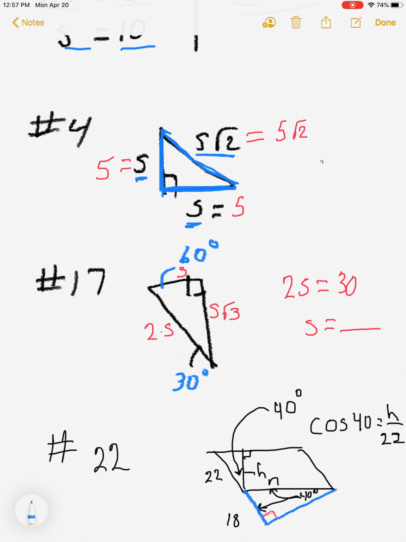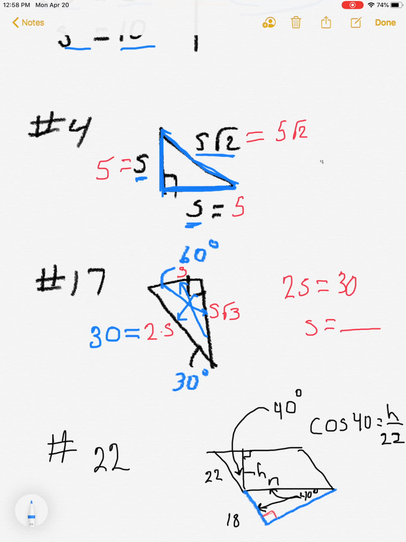Problem number 17 is again a 30, 60, 90 triangle. I notice in that problem that I'm given the side across from the 90, the hypotenuse, is 30 units long. Again, in a 30, 60, 90 triangle, I have 3 sides, s across from the 30, s root of 3, the side across from the 60, and the side across from the 90 is 2s.